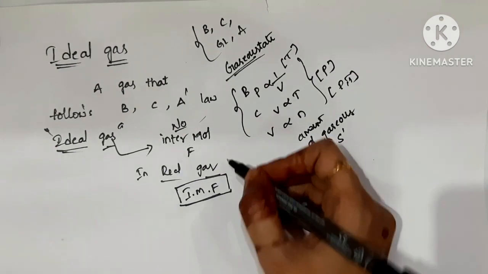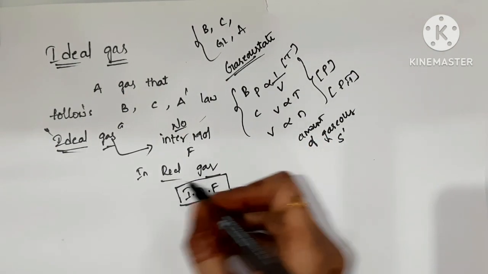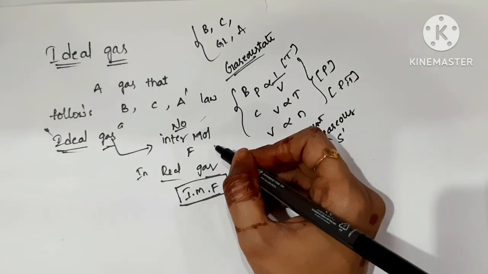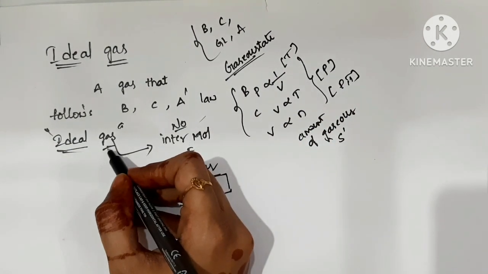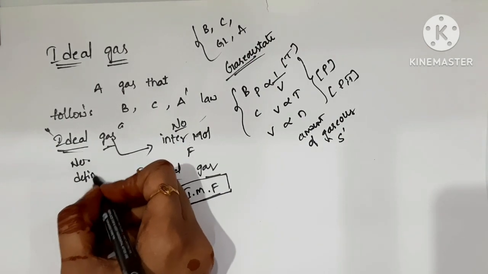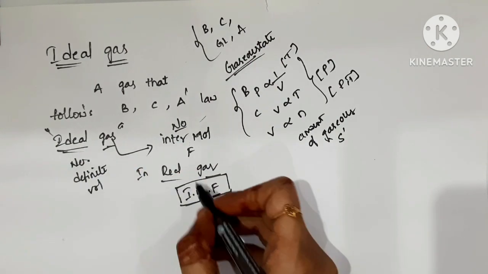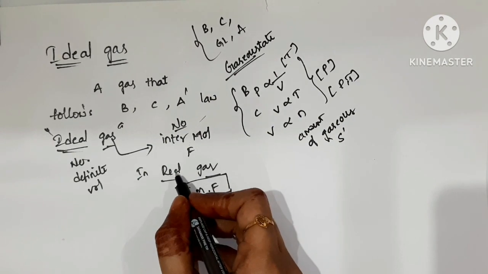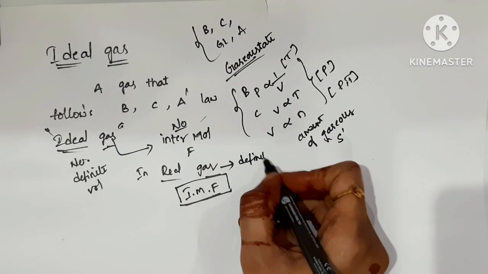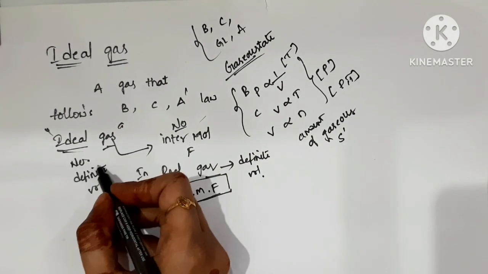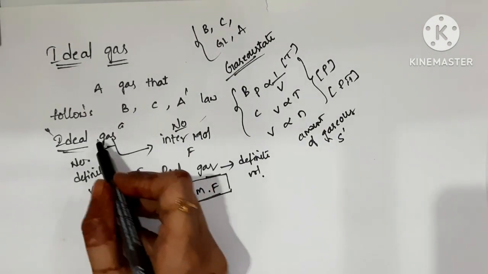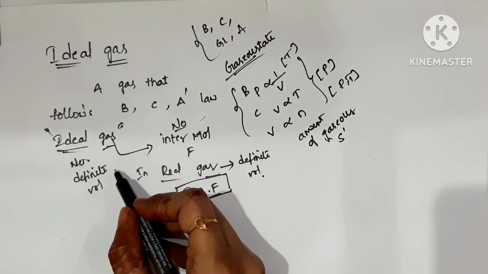And in an ideal gas there is no definite volume, whereas real gases generally have a definite volume. So ideal gases have no intermolecular forces and no definite volumes.